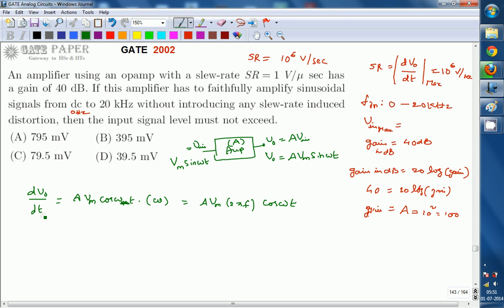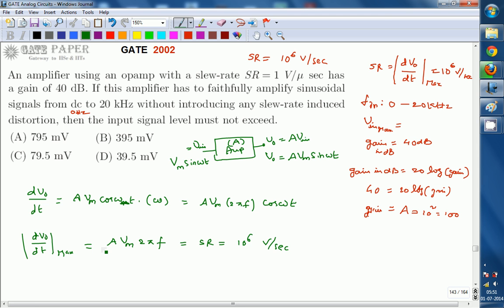This will be maximum when cos omega t is equal to 1, because cos omega t varies between -1 and +1. So dV naught by dt maximum is A times Vm into 2 pi f, equal to the slew rate, which is 10 power 6 volts per second.